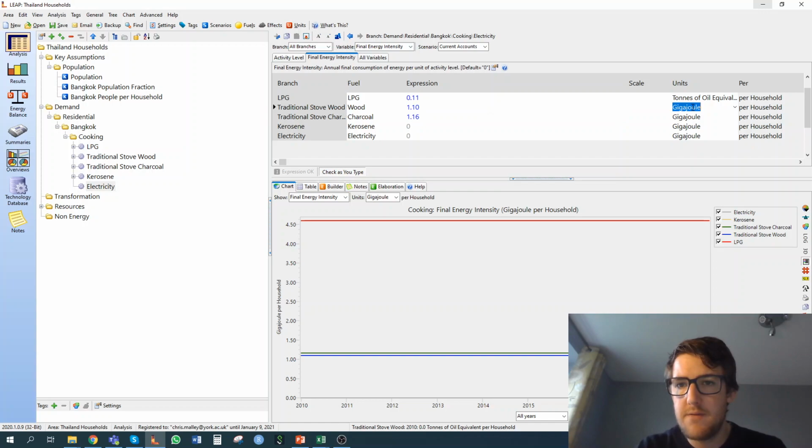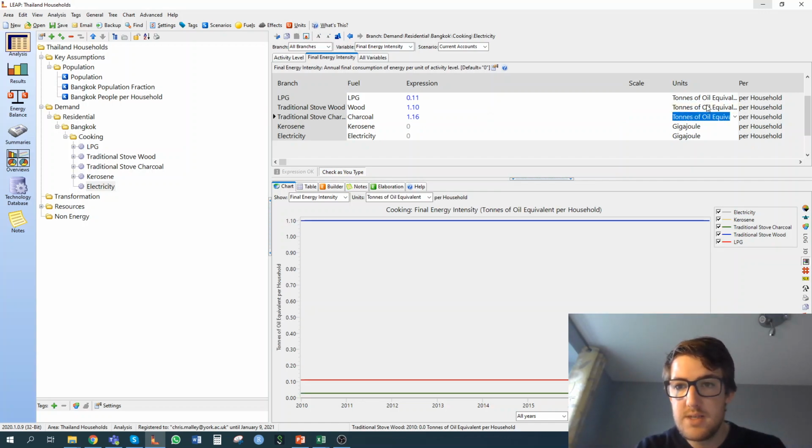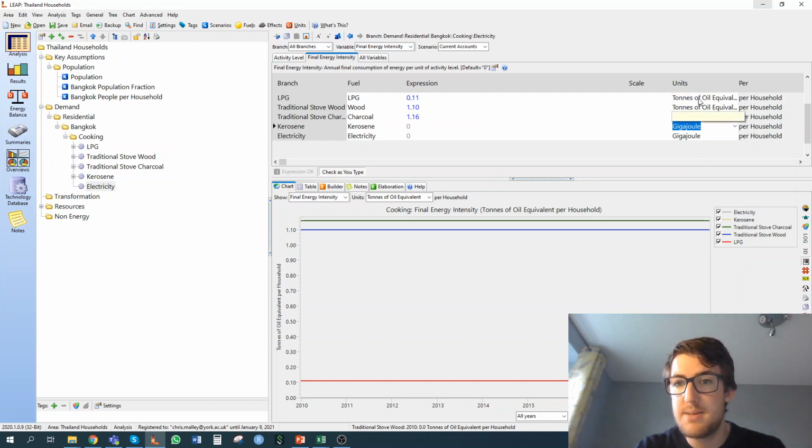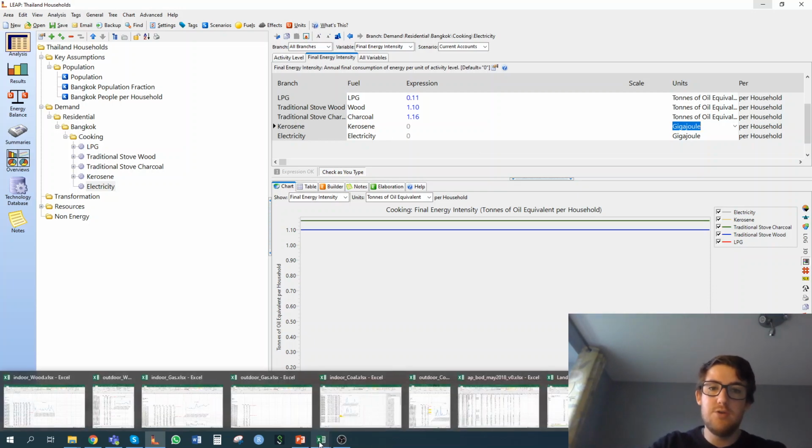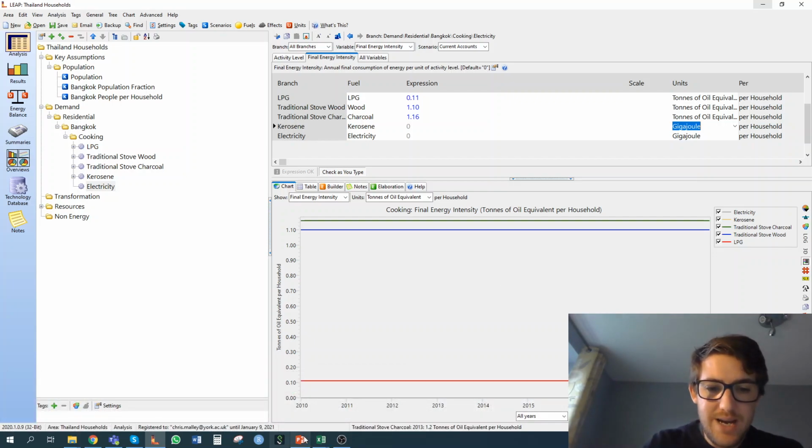I need to be careful to get the units correct. If I press Ctrl D, it says shortcut and it copies what is above, so I can easily change those units. Now for electricity, which is the other main fuel used for cooking, it's not so easy.